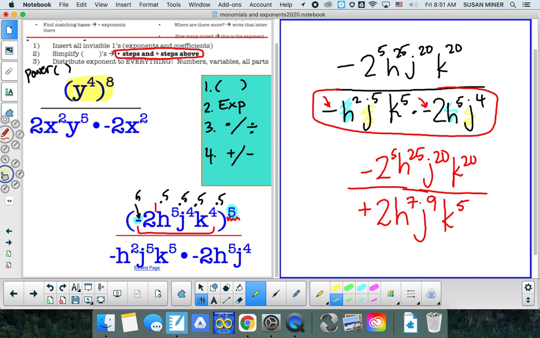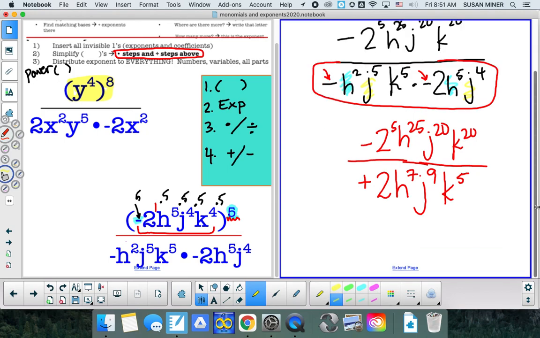Now I've simplified the bottom. I can go ahead and divide the numerator and denominator, so now I'm using my division rules to do that. The first thing I need to do is take care of my plain numbers. Here they are: negative 2 to the 5th and then 2 to the 1st. I didn't have an exponent there, but remember, if I need an exponent there, I can always put one in.